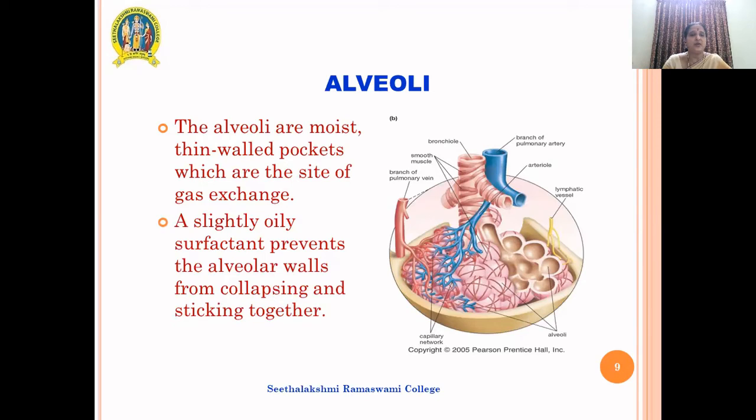There is a slightly oily surface substance, the surfactant, which prevents the alveolar walls from collapsing and sticking together, and that is why they are arranged without collapsing or bunching in the form of a grape bunch.